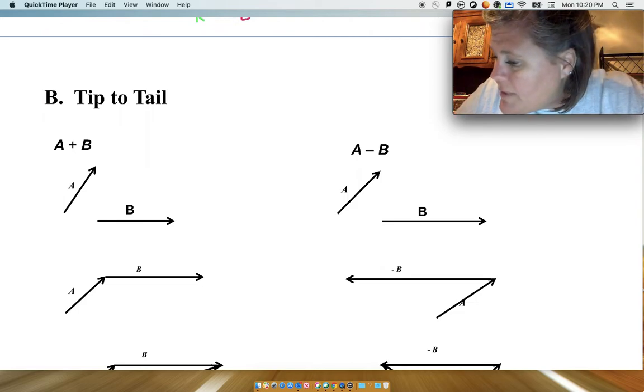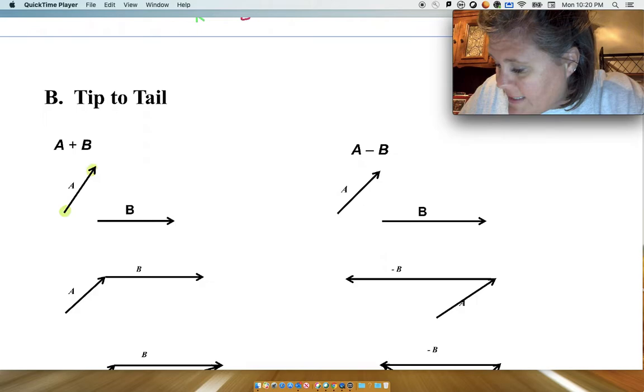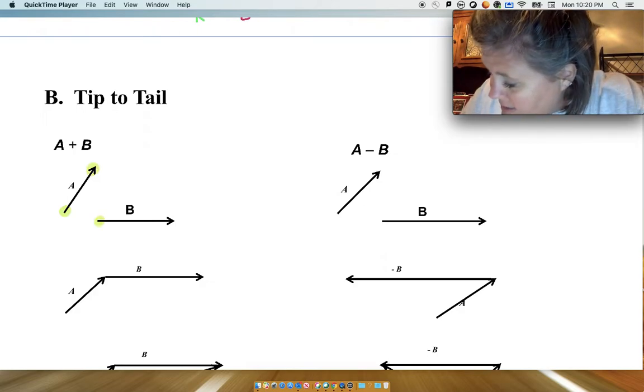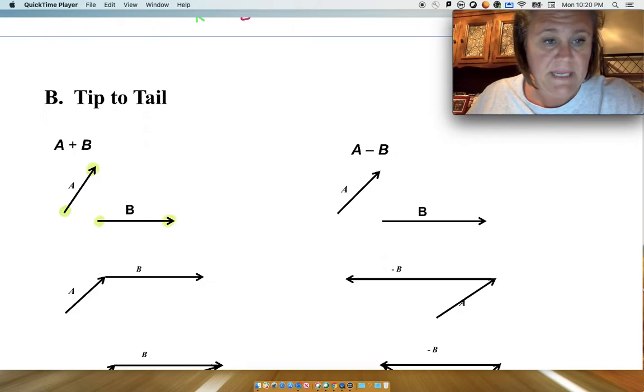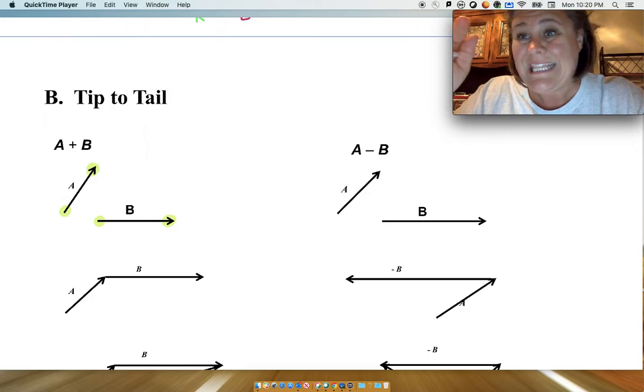Okay, notice this is the tail of A, this is the tip of A, this is the tail of B, and the tip of B. Now we're looking at vectors that are in 2 different dimensions, and we're going to add them tip to tail.